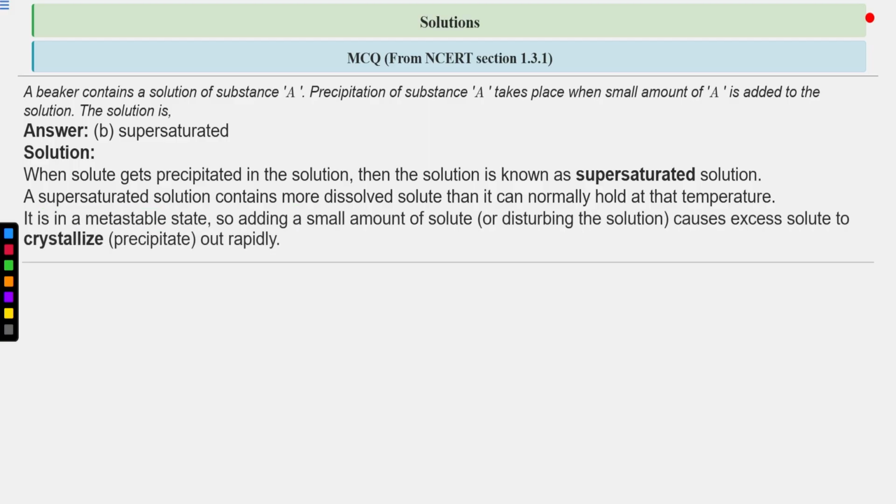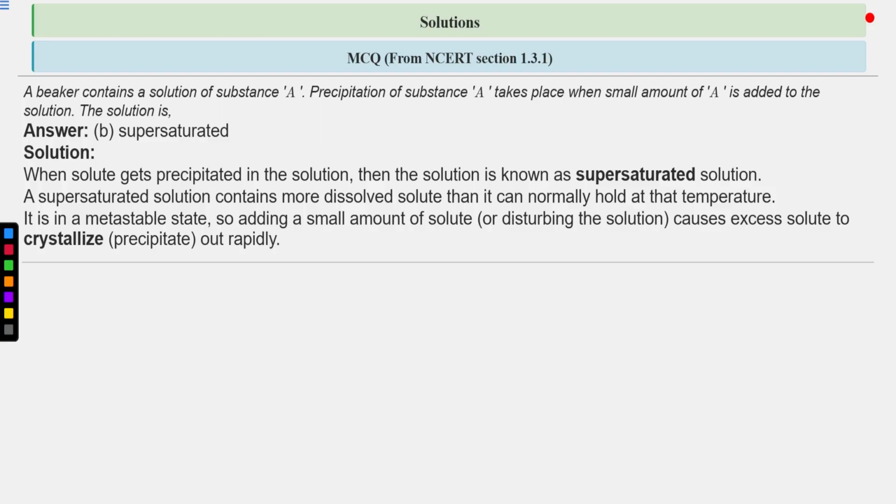It is in a metastable state, so adding a small amount of solute causes excess solute to crystallize and precipitate out rapidly. It is already in a metastable state, like a saturated state.